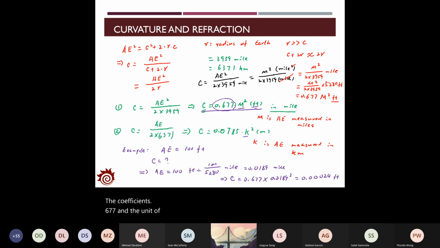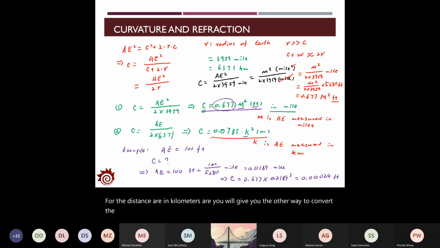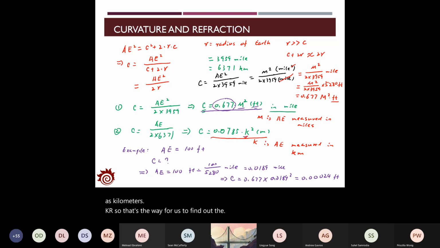You can apply a similar procedure for the distance in kilometers. It will give you the way to convert the unit from kilometers to meters, and also find the unit of K as kilometers. Okay, so that's the way for us to find the curvature error.